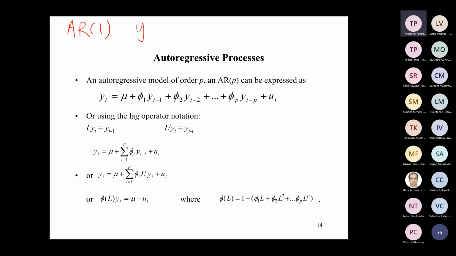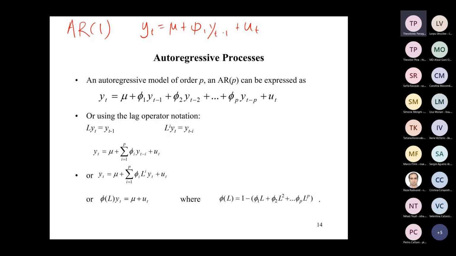So here we're going to have y equals mu. Let me write again. Y equals mu plus phi 1 yt minus 1 plus ut. This is an autoregressive one process.